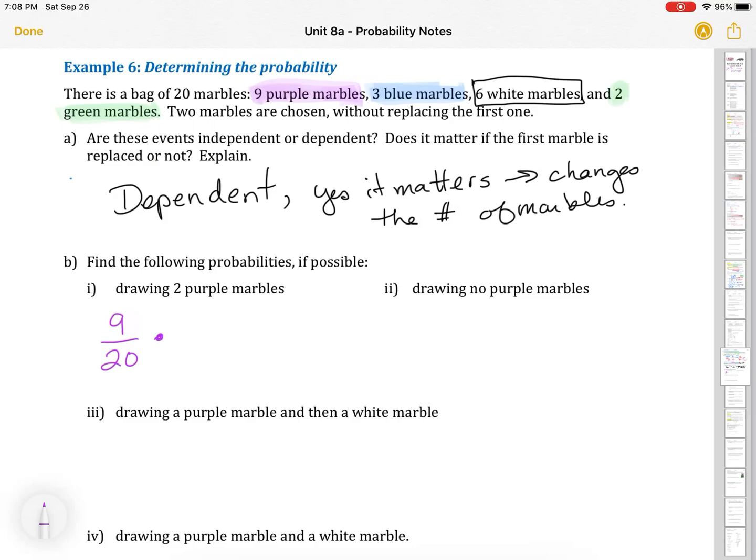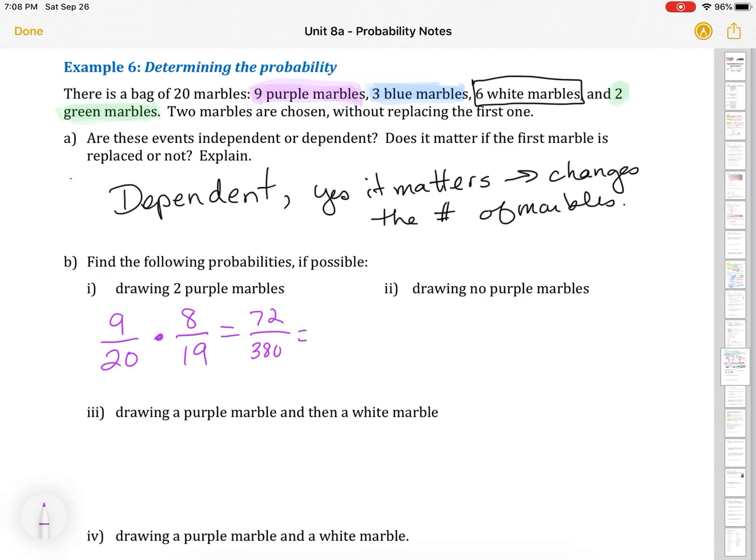Okay. So find the following probabilities if possible. Drawing 2 purple marbles. So the first one is going to be 9 out of 20, right? The second one, we pulled 1 purple marble, so we'd have 8 left, and we'll have now only 19 in total, right?